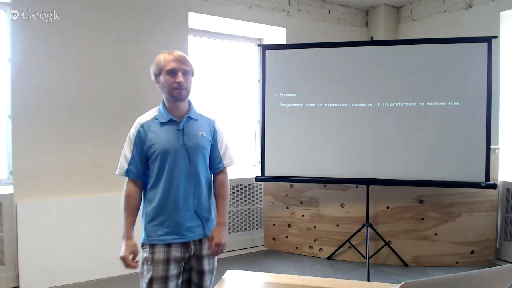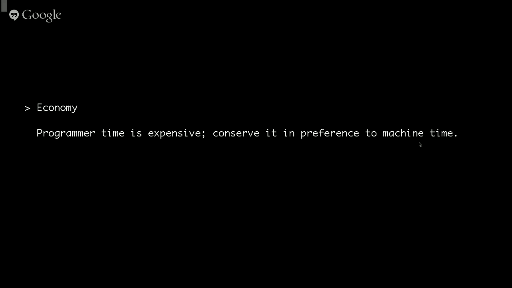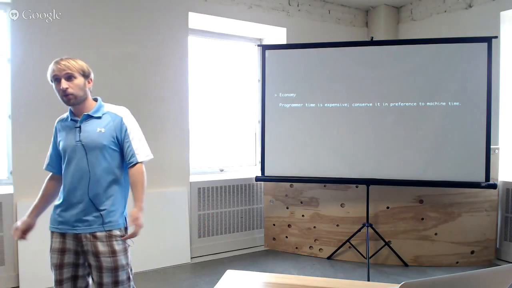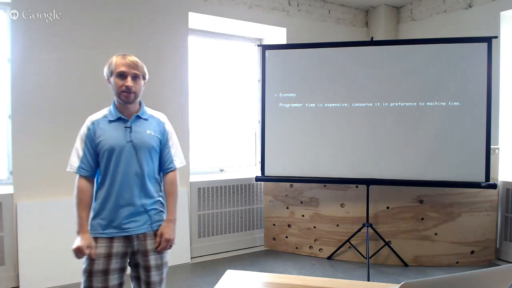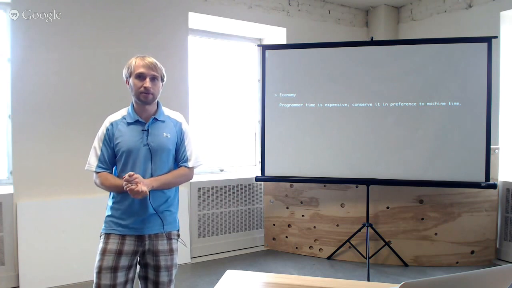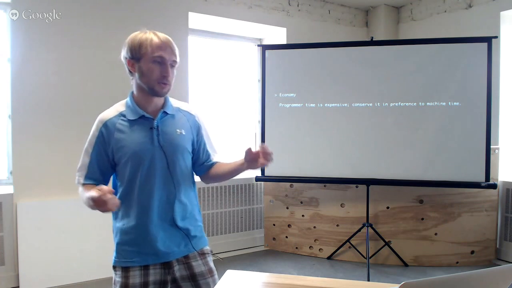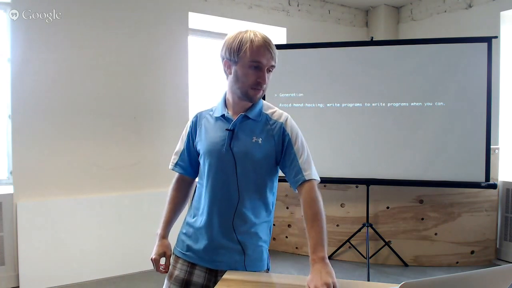Economy. This is not a very controversial maxim today, I think, that machine time is cheap. Go ahead and let the machines work, so that we humans can use higher level languages. What's interesting is that this was a principle even in 1969, when computers were a whole lot slower than they are today. And even then, they were saying, hey, let's let the computers do the work for us.